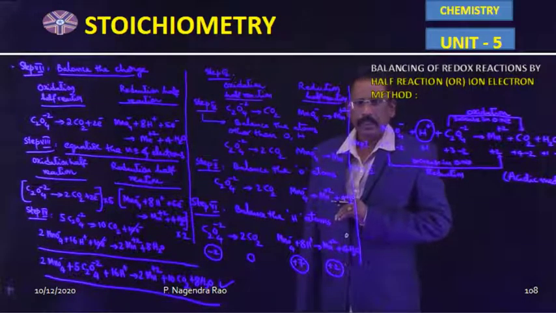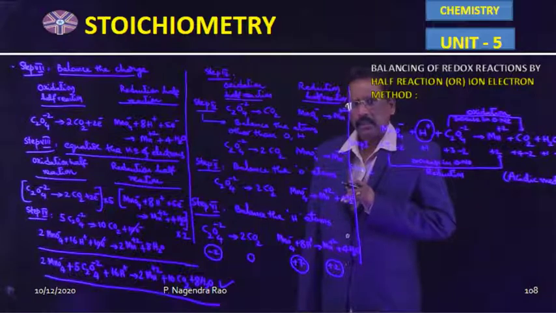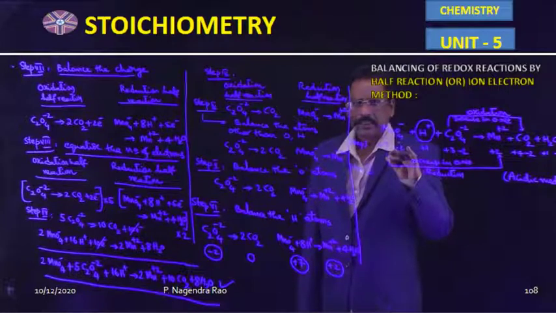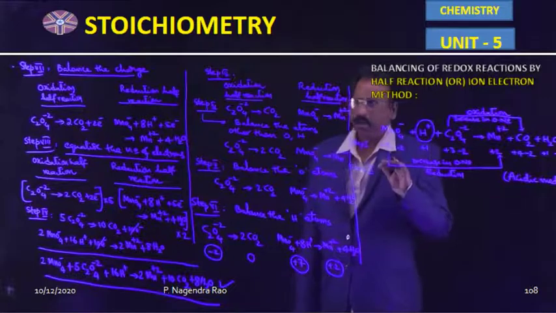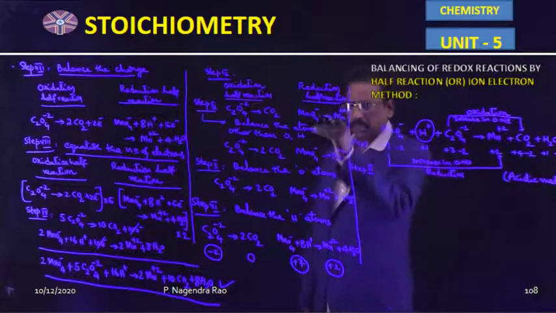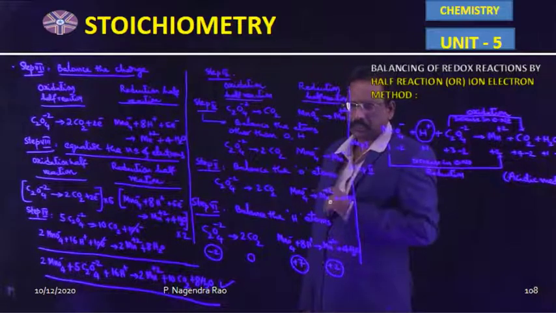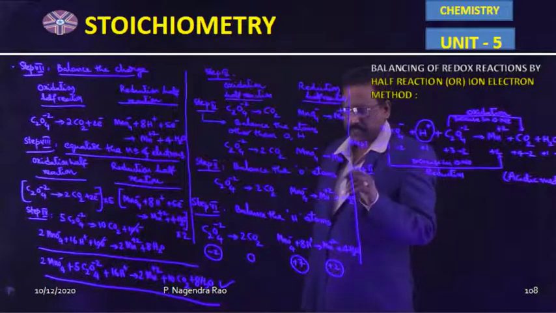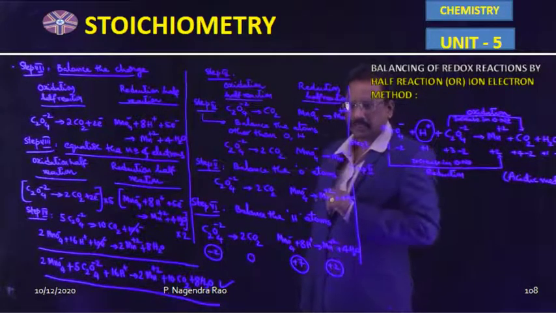So in half reaction method or ion electron method, first the given skeleton equation divides into oxidation half reaction and reduction half reaction and apply the rules. First balance the atoms other than oxygen and hydrogen, and then balance the oxygen atoms by adding the required number of water molecules to the side deficient in oxygen atoms.